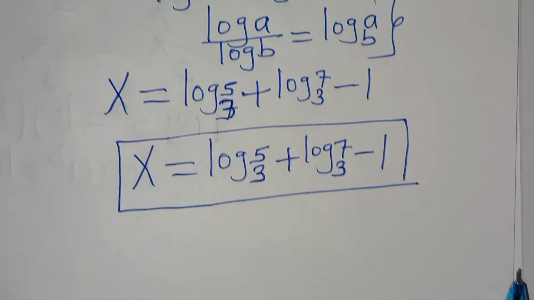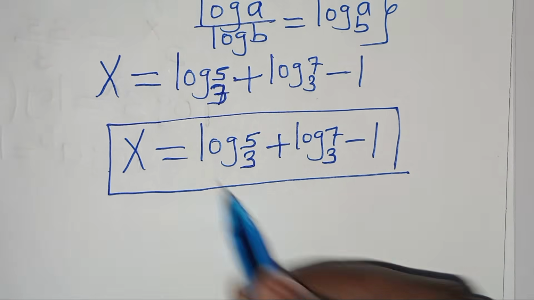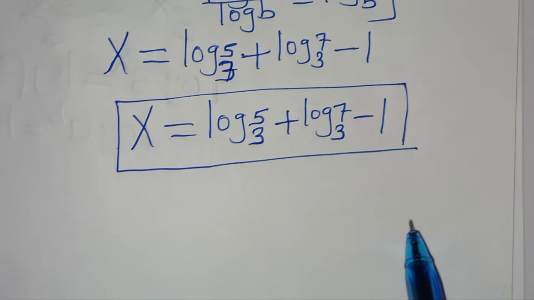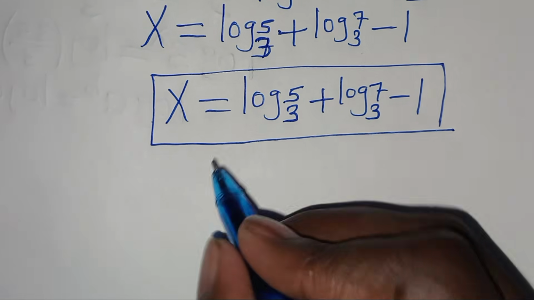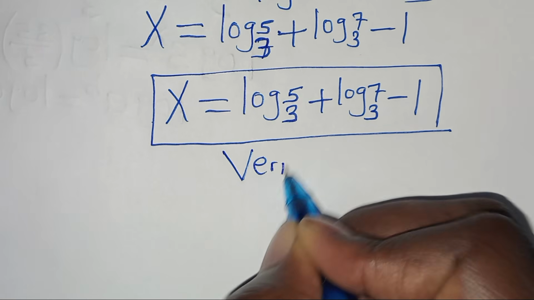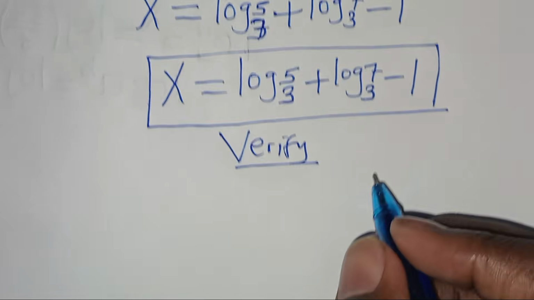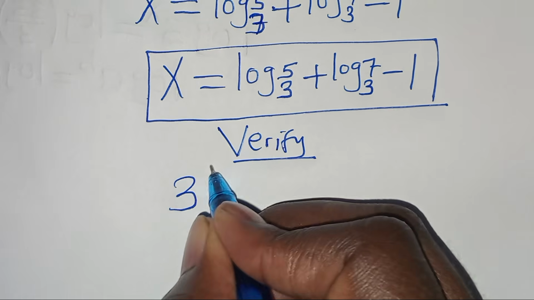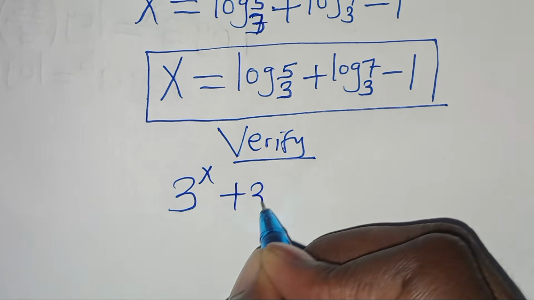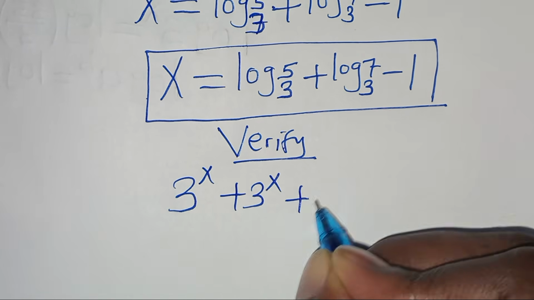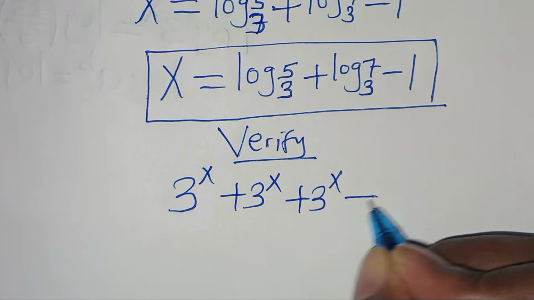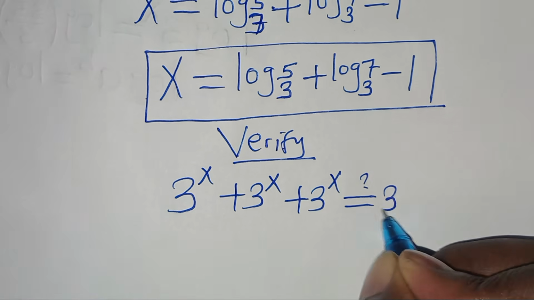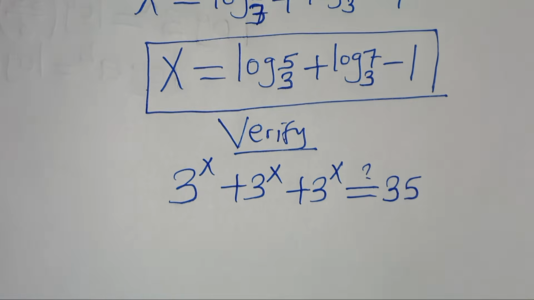The next step is to verify if this value of x satisfies the equation. So let's verify from here. We have 3 to the power of x plus 3 to the power of x plus 3 to the power of x. This is supposed to give us a value of 35.